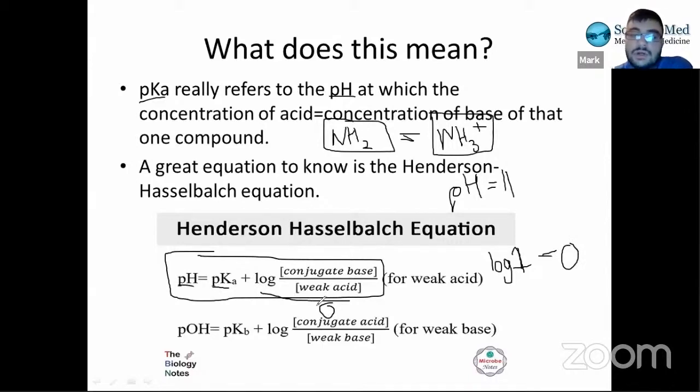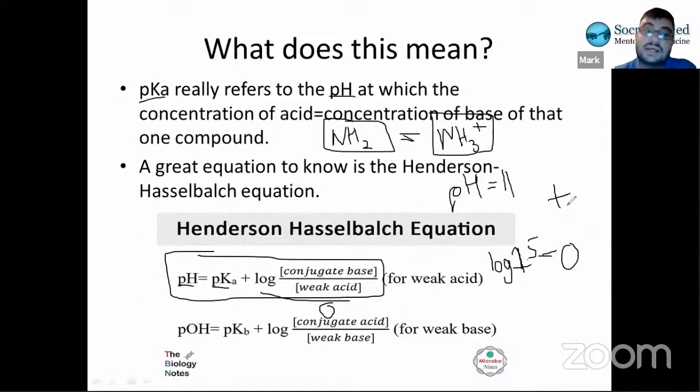And this is also very helpful for determining pH if you know that there's more base or acid. If you know that there's more base, you'll have more on the top, less on the bottom, so you'll have a positive number, like 1.5 or something. Log of 1.5 is some positive number. I don't know what it is, but it's positive.